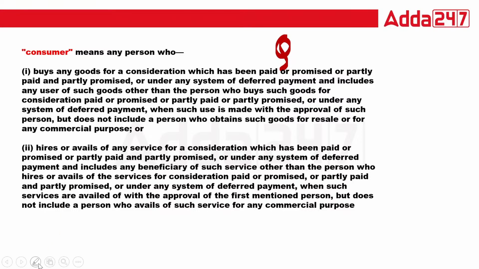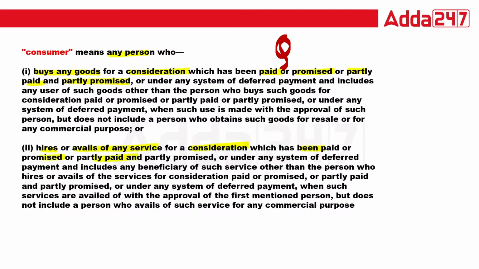Who is a consumer? A consumer is any person who buys any goods for consideration which has been paid or promised or partially paid and partially promised, and hires or avails any services for consideration which has been paid or promised or partially paid and partially promised.